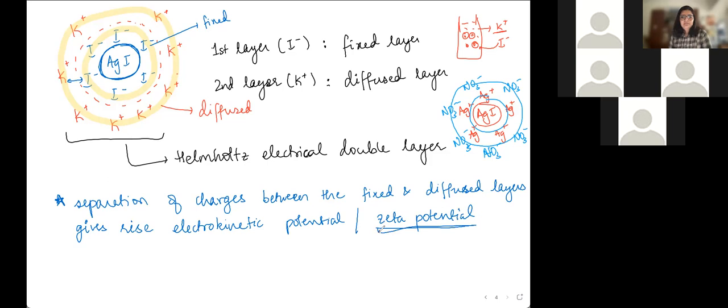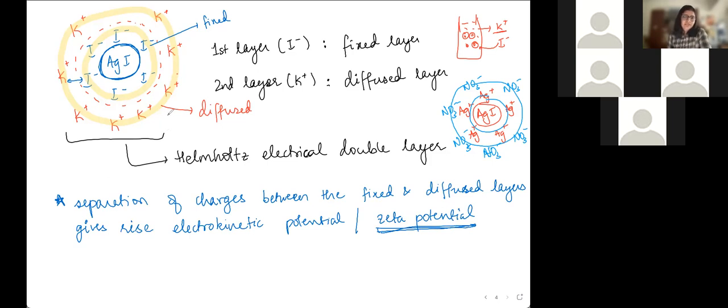Remember, we're just talking about properties of colloids, meaning we're just discussing how colloids behave and what we can find in them. So colloids have charges. That is one more property.